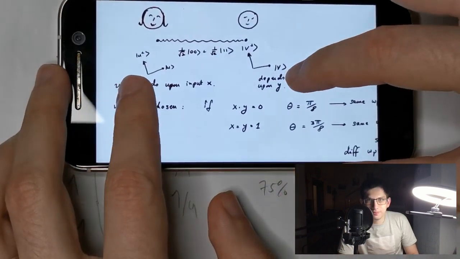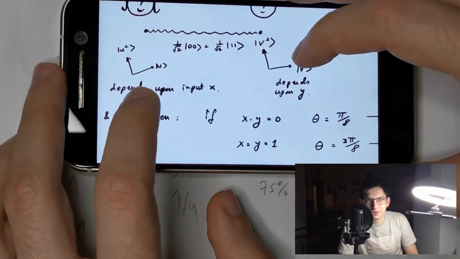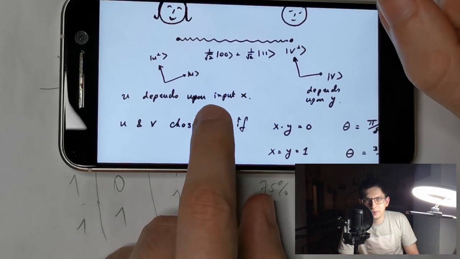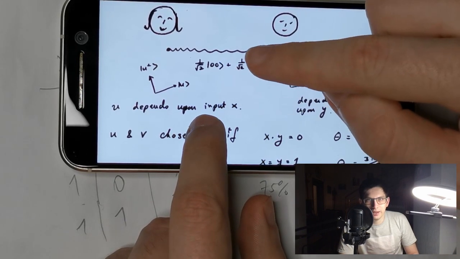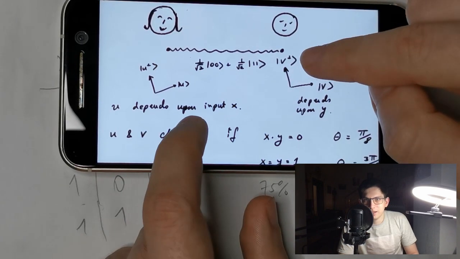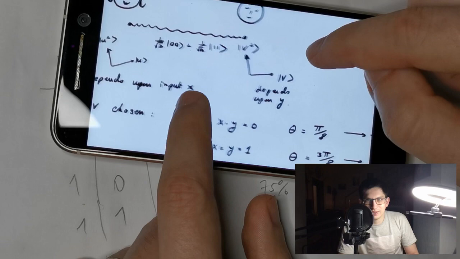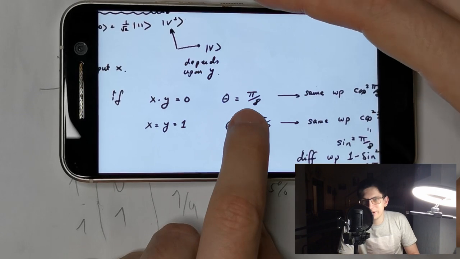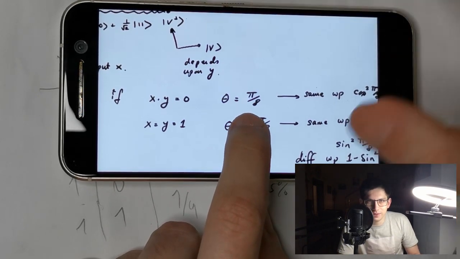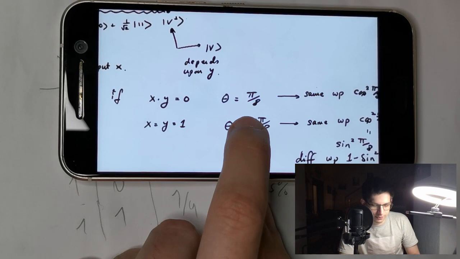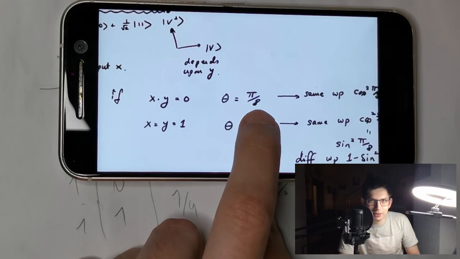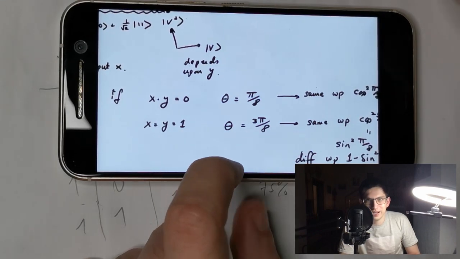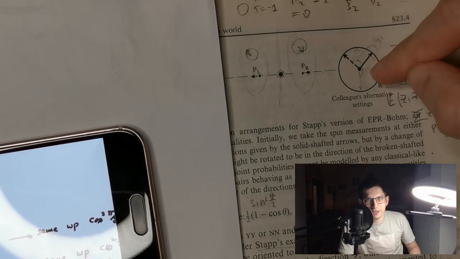And actually, that's exactly the same case described in 23.4, that Alice and Bob have an entangled pair, two bases, and they have the same angle between those, π over 8 here. But in the basis notation, we know that the theta angle is divided by 2, so actually those are π over 4 and 3π over 4, and the situation is exactly the same as we had in the book.